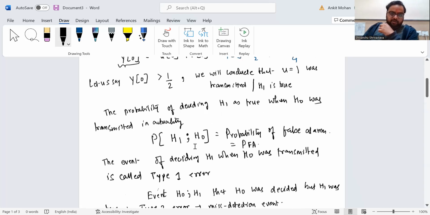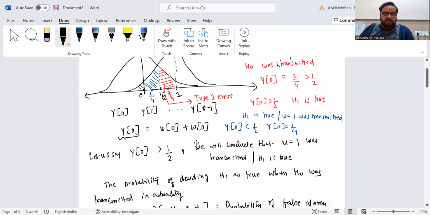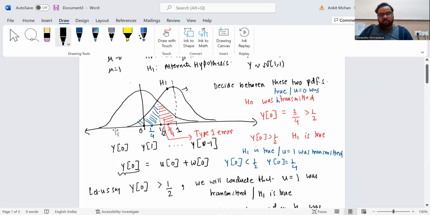These are the probabilities associated with type 1 and type 2 errors.